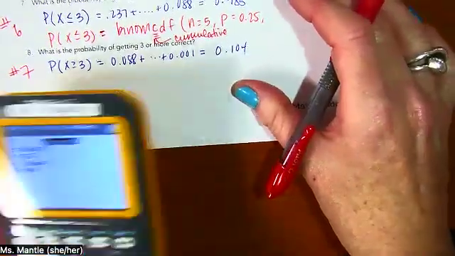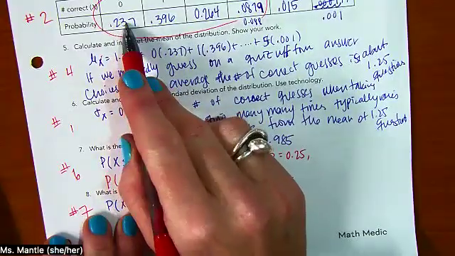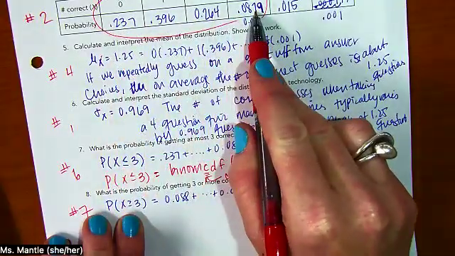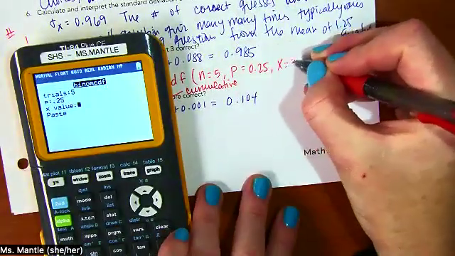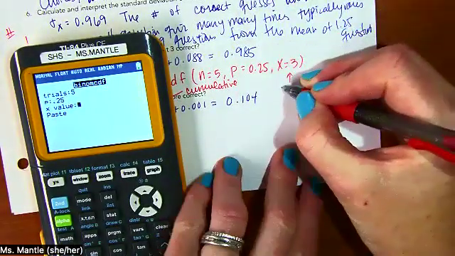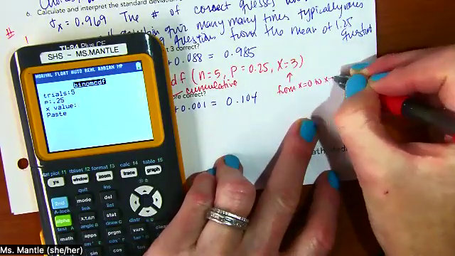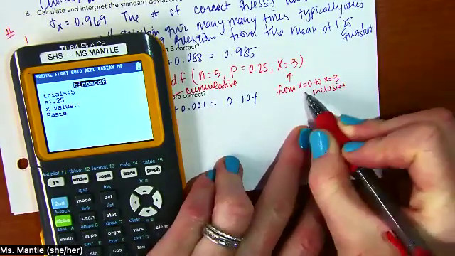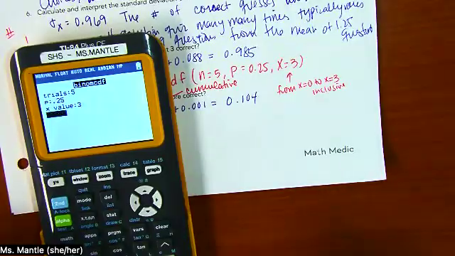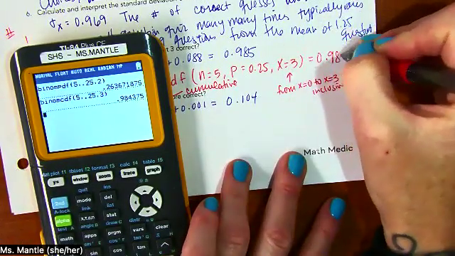Okay, so I am starting at 0 and I'm including 0, 1, 2, 3. And so here I'm going to say X equals 3. This means we're adding from X equals 0 to X equals 3 inclusive. That means including both 0 and 3. And so I just hit calculate and I get 0.984.